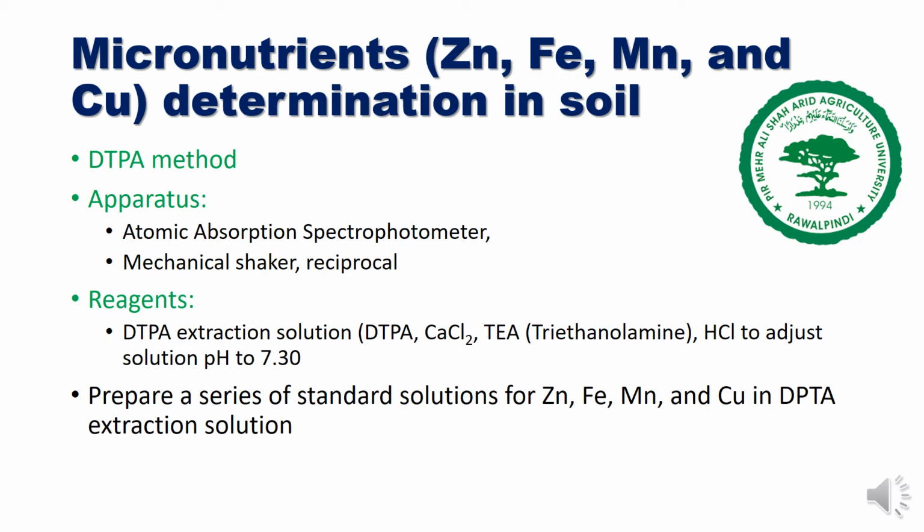And we also need to prepare TEA, triethanolamine, weighing 14.92 gram, or 13.3 ml in the liquid form, transferred with distilled water into a 1 liter flask and then bring the volume up to the mark.